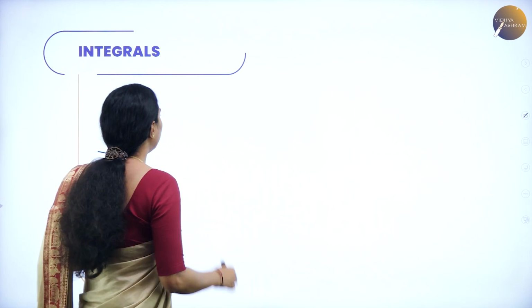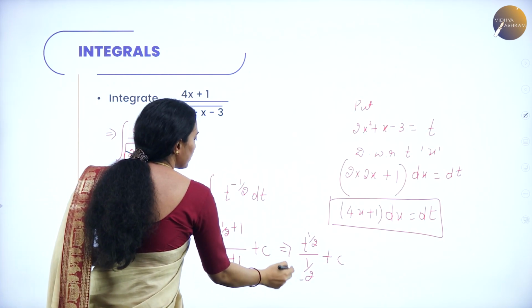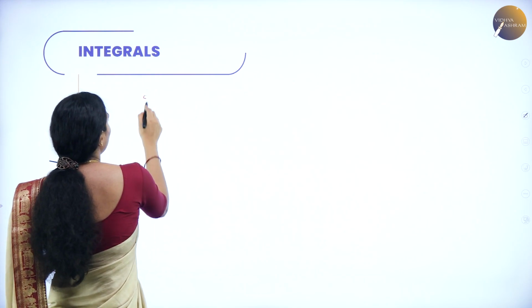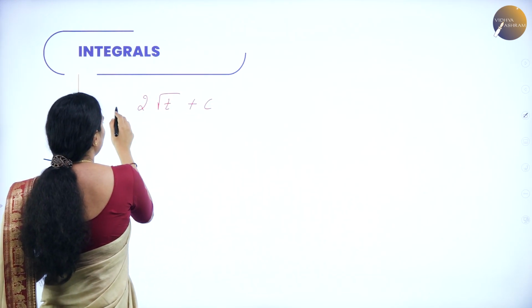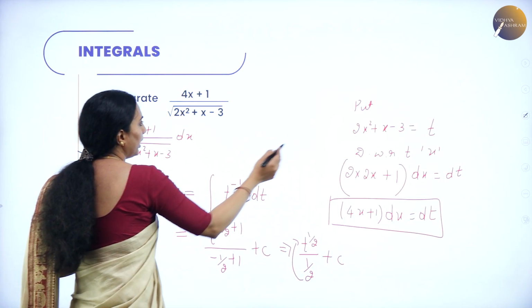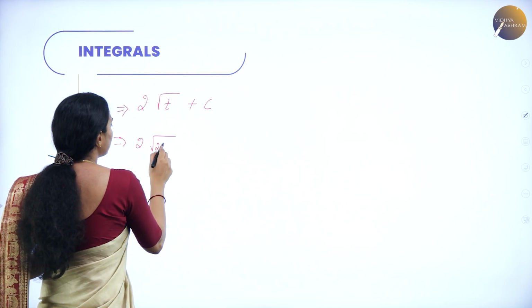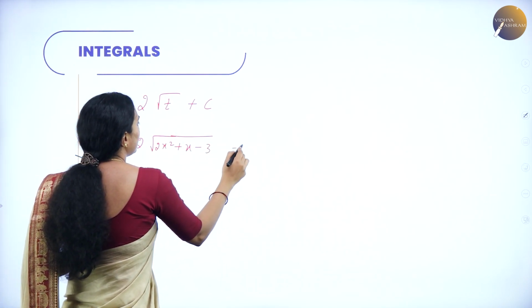See, 1 by 2, when it comes to the numerator, it will become 2. 2 into t to the power of half can be written as 2 root t plus c. Otherwise, you can substitute back t as 2x squared plus x minus 3, under the root, plus c.